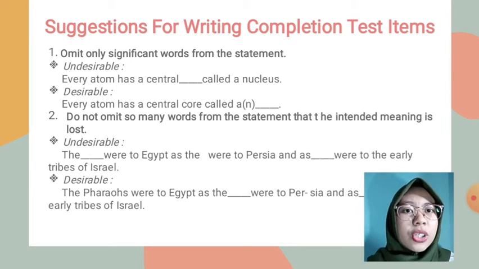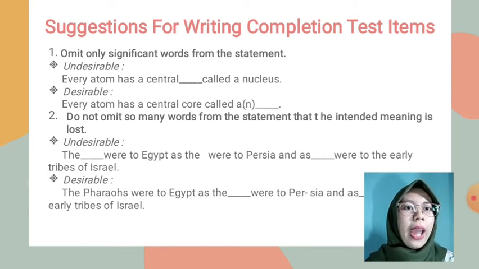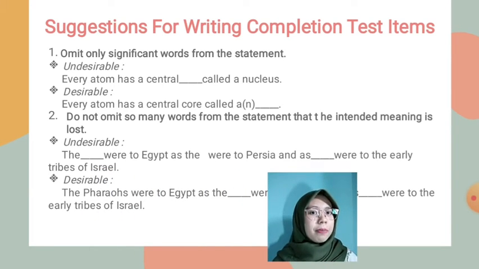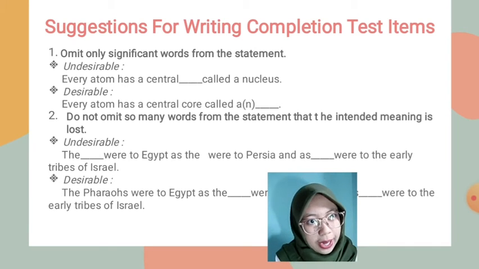And the desirable is: the patriarchs were to Egypt as the blank were to Persia and as blank were to the early tribes of Israel. So now we are going to the next slide.